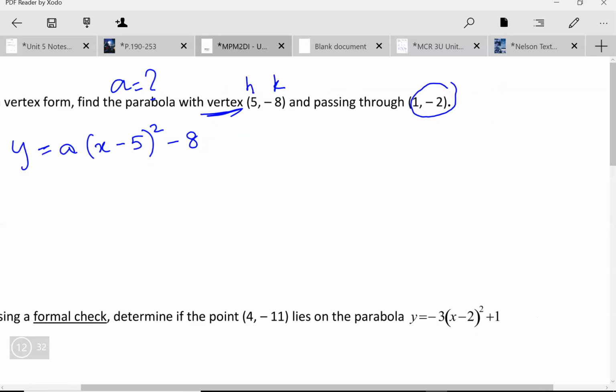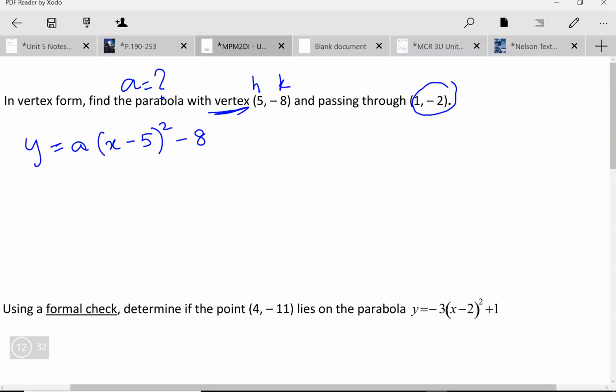And really, you probably have talked about this in grade 9, but we're going to talk about what it means for this point to lie on the parabola. If this point, 1, negative 2, is on this parabola where the vertex is 5, negative 8, at some point the point 1, negative 2 shows up on this parabola.